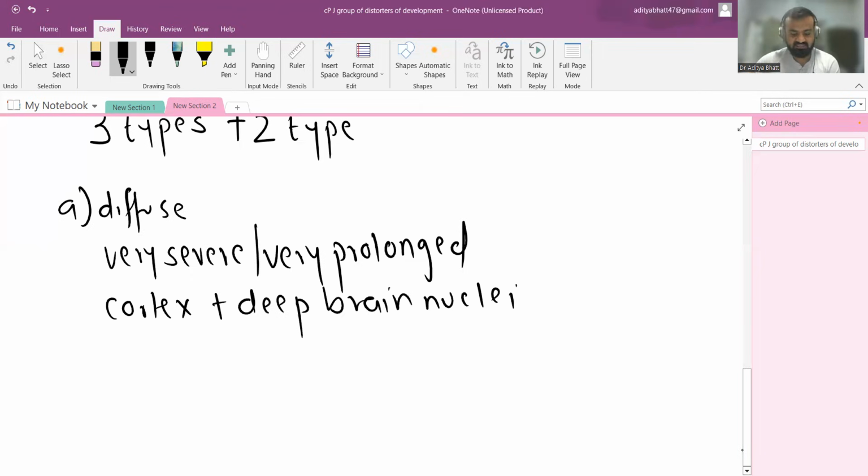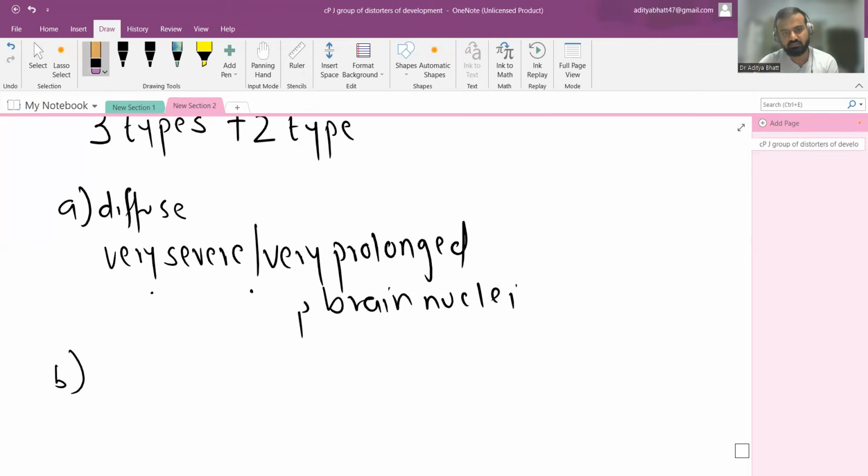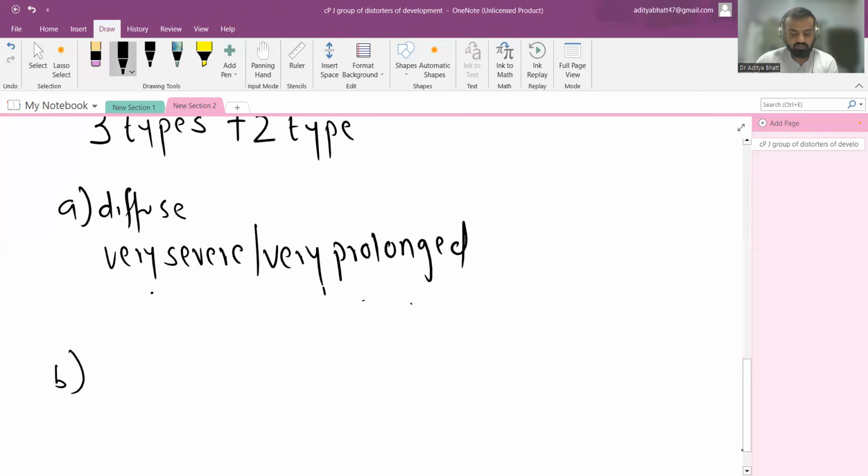So that is the diffuse injury. The second is the cortex with deep nuclear pattern.